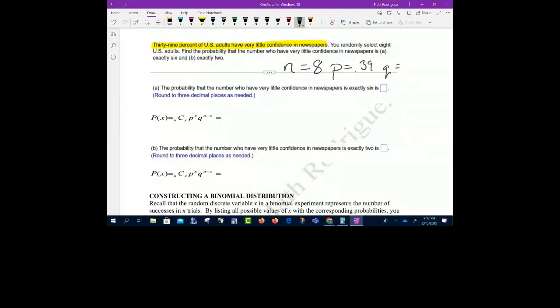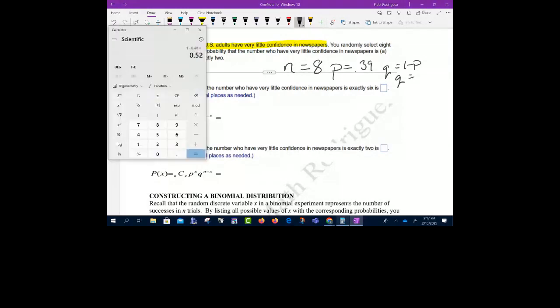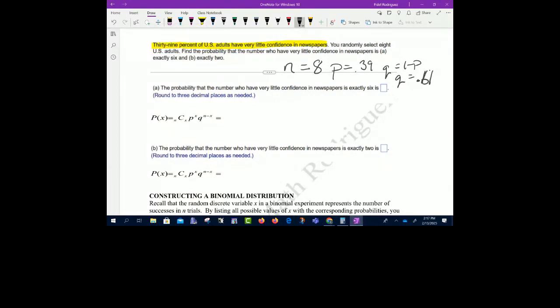Now let's see if we can find a value for Q. Remember, Q is 1 minus P. So my value for Q is 1 minus 0.39, which is 0.61, right? Okay. Now I'm going to come back to my question, and it asks for the probability that the number who have very little confidence in newspapers is exactly 6. This means that my value of X is going to be equal to 6.